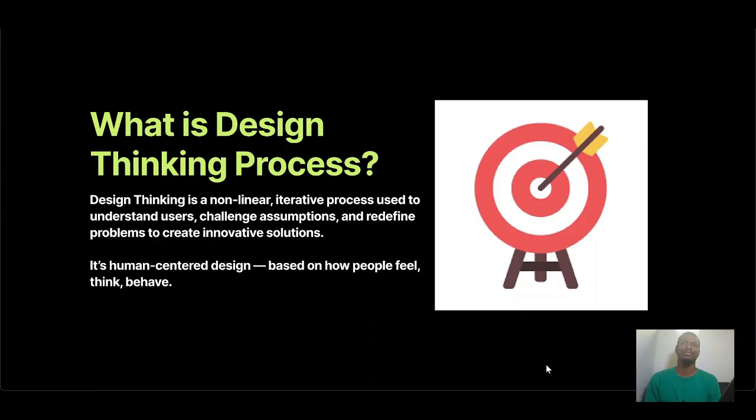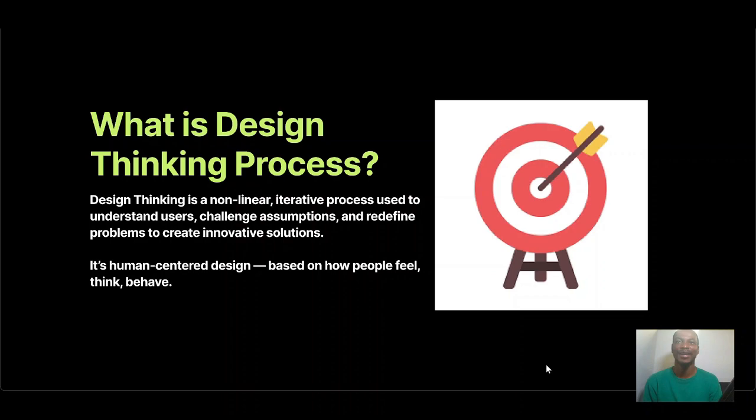Now, you might be asking yourself, what really is the design thinking process? Design thinking is a non-linear, iterative process used to understand users, challenge assumptions, and redefine problems to create solutions. It is human-centered design based on how people feel, think, and behave.